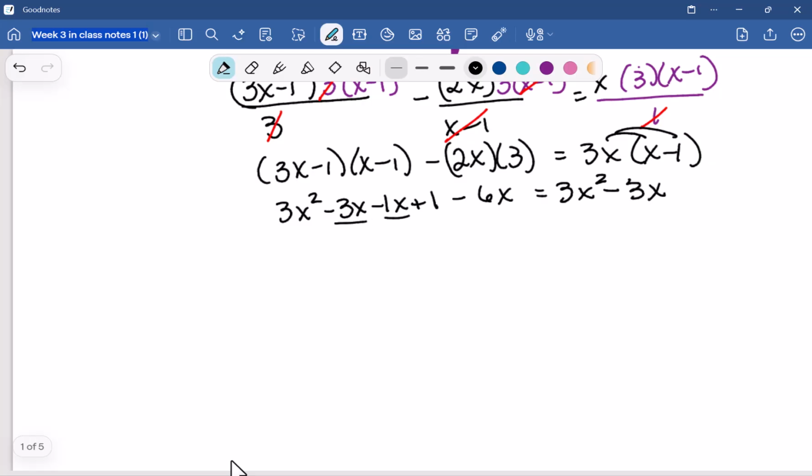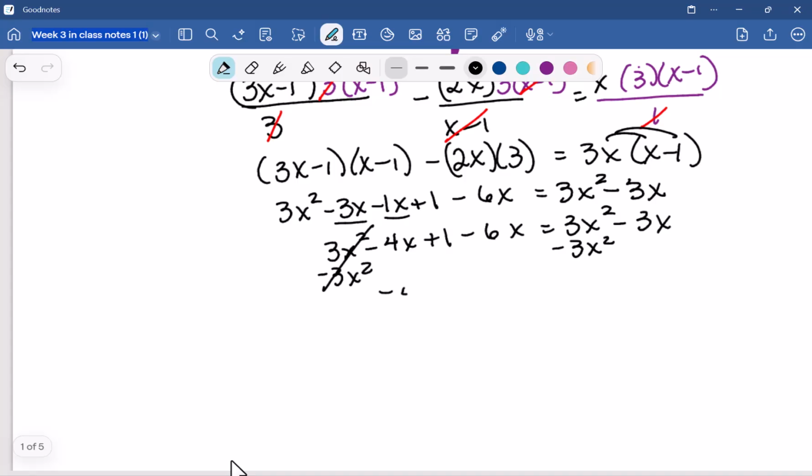So combine the like terms. That's 3x squared minus 4x plus 1 minus 6x equals 3x squared minus 3x. I get all my x squareds on one side. They actually cancel on this one. So I'm going to combine my like terms.